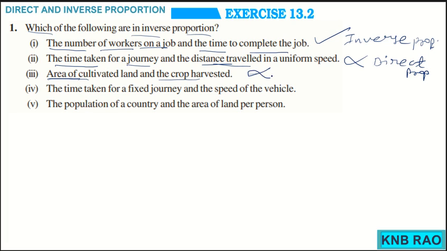It may be in direct proportion. Coming to the fourth one, the time taken for a fixed journey and the speed of the vehicle. More the speed you go, less the time you take to complete that fixed journey. So, this is in inverse proportion.